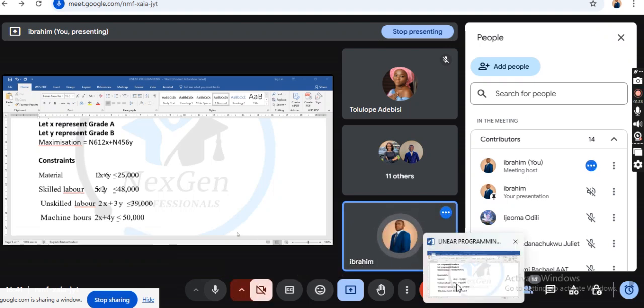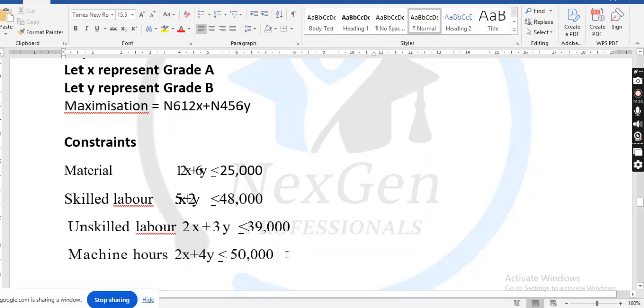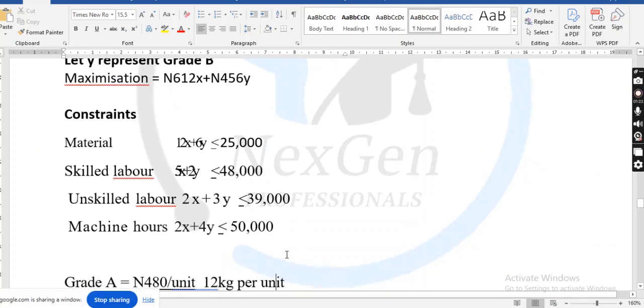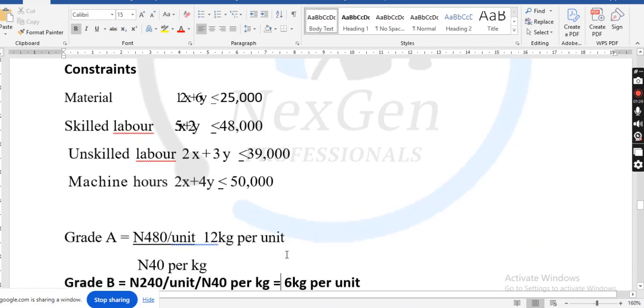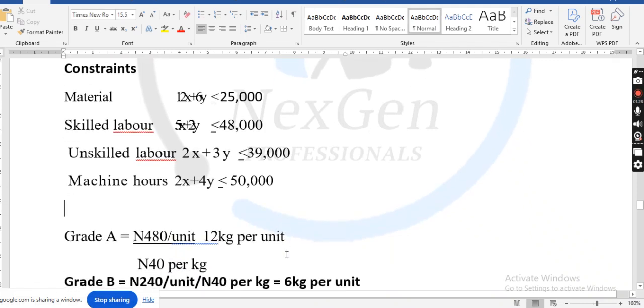We were not able to put in the non-negativity constraints because of time in our previous lecture, so we can now include it here.